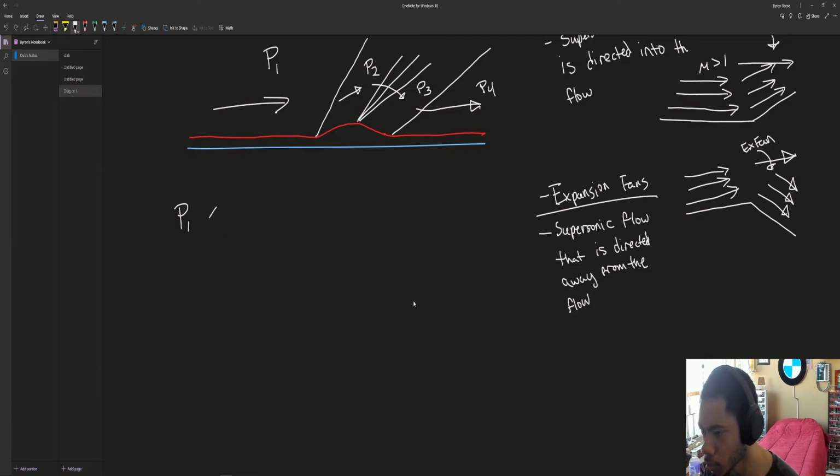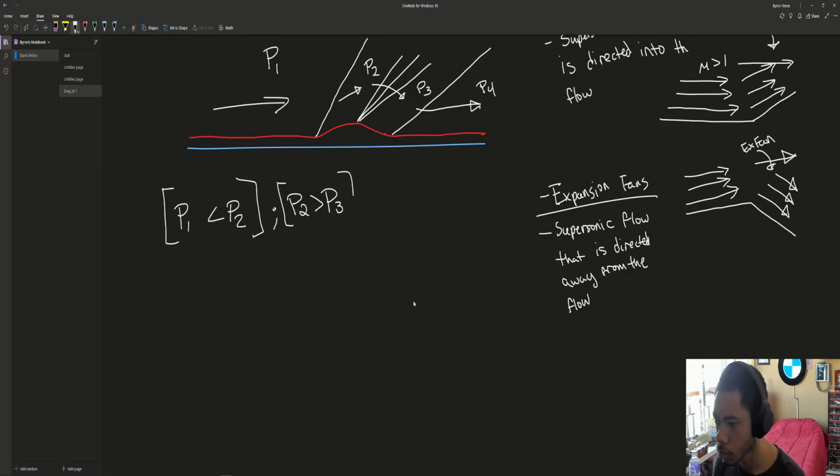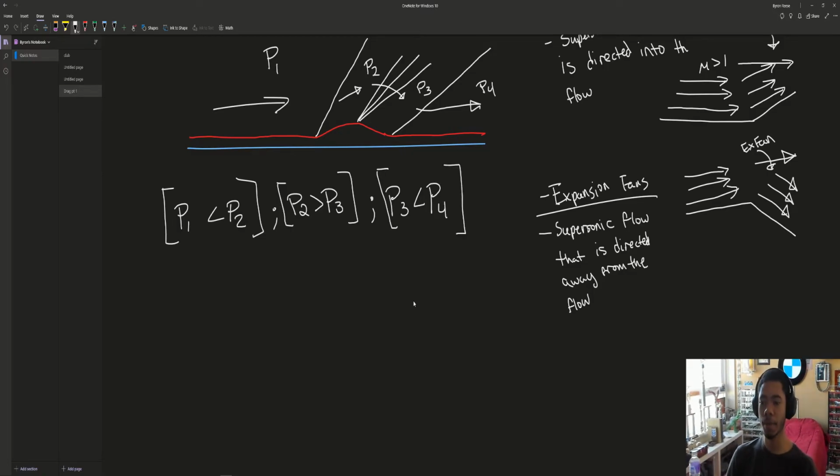Now, when it hits an expansion fan, the velocity will speed up again, and the pressure will go down. And then, again, another oblique shock happens. And P3 will be less than P4, because an oblique shock happens.